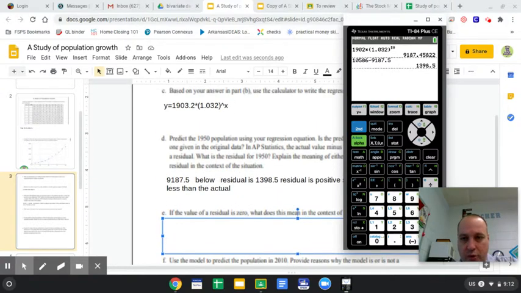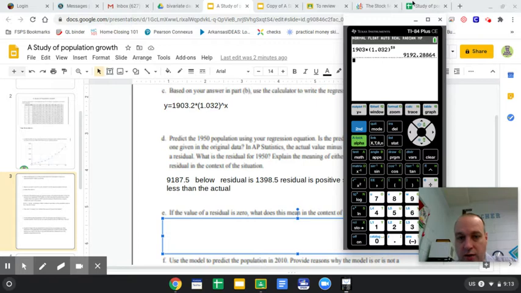And I put my number in the calculator wrong here on this last one. Should have put 1903, parentheses, 1.032. What just happened? 1903 times 1.032 to the 50th power.